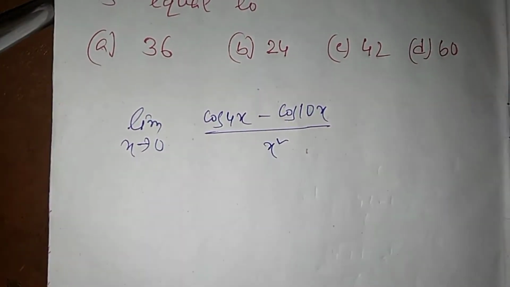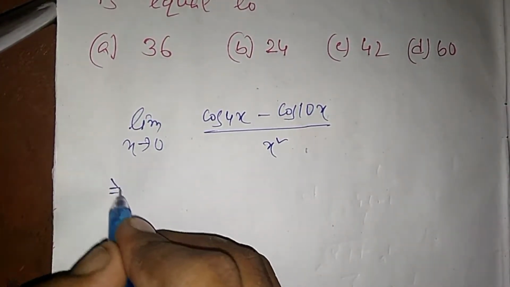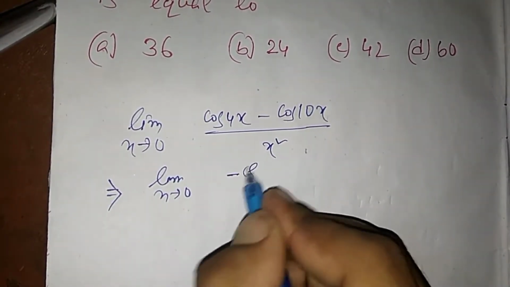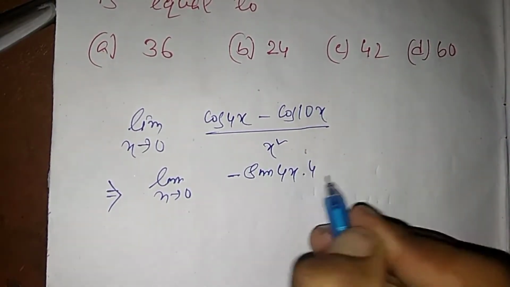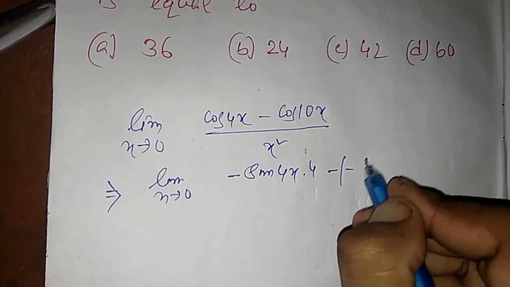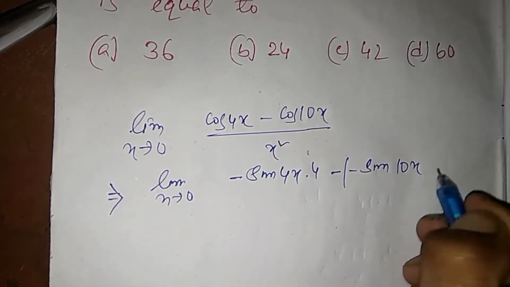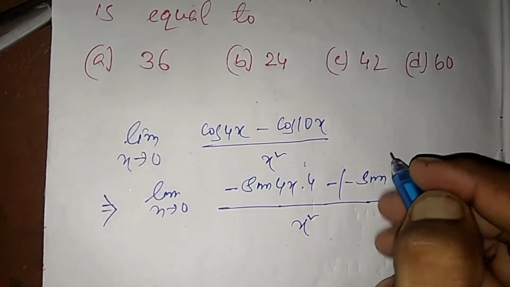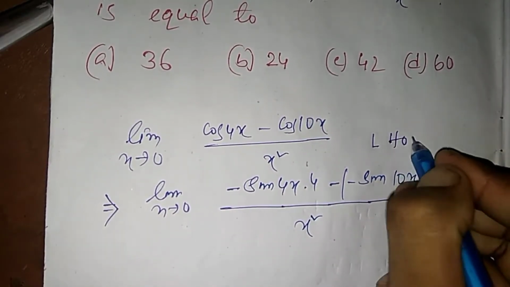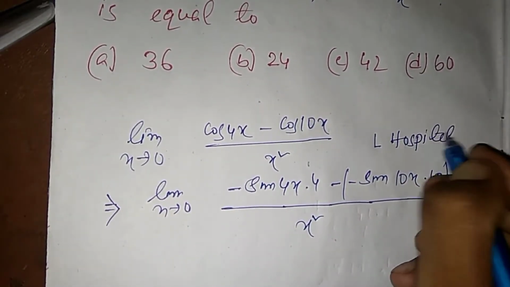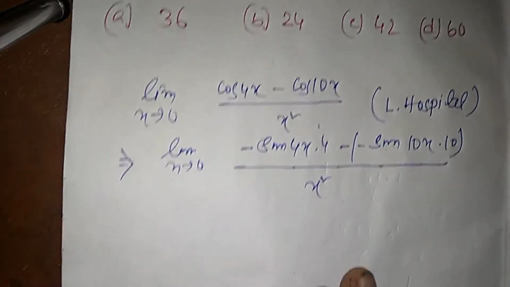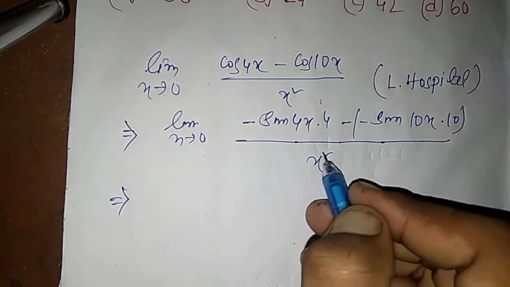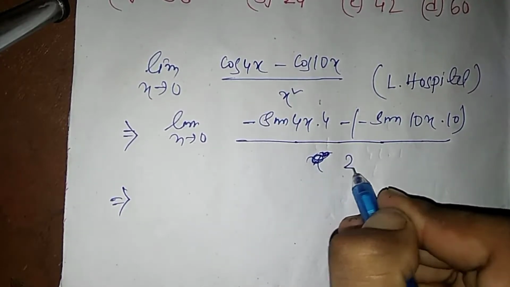Now I use L'Hospital's rule here, so this implies the limit as x tends to 0 of (minus sin 4x into 4 minus, into minus, sin 10x into 10) upon, sorry, I forgot, this was 2x.